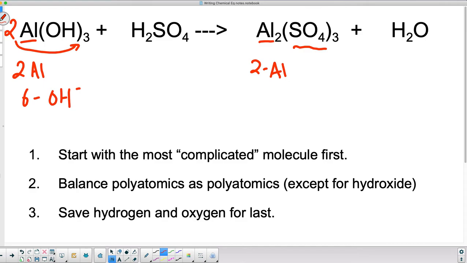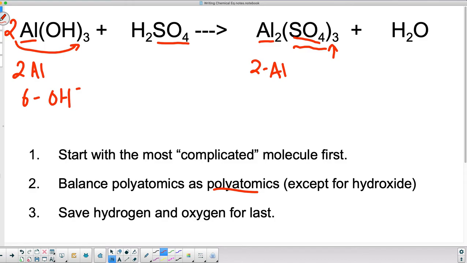Now notice on the right-hand side, I have a 3 outside the parentheses, which means that I have 3 SO4s. What are SO4s? SO4s are polyatomic ions. So we're going to keep the SO4 together and not break it up into 1 S and 4 oxygen, because I see SO4 on both sides of the reaction.